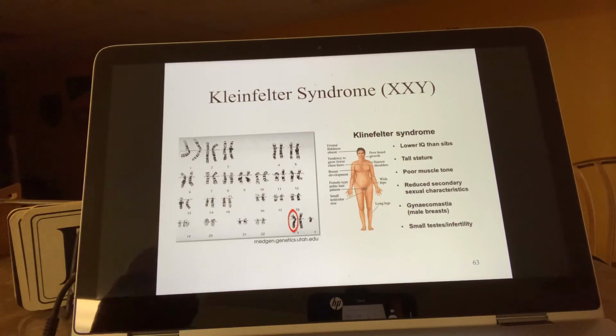Klinefelter syndrome is a trisomic condition in which, when you look at the karyotype, you have two X's and a Y. You have a third sex chromosome, again caused by a non-disjunction. Since there is a Y chromosome with an SRY gene, these individuals are phenotypically male, but they have associated findings because of having that extra X chromosome.